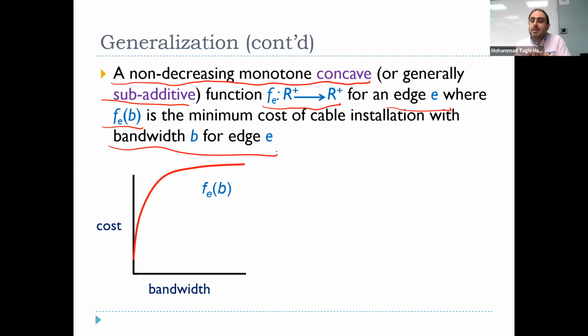Bandwidth B essentially means the flow. That's the reason we also use f. So if the flow of B is going through this edge, then the cost of that would be f_e of B essentially. And these for different edges may be the same, may be different. That's what we call uniform versus non-uniform buy-at-bulk.